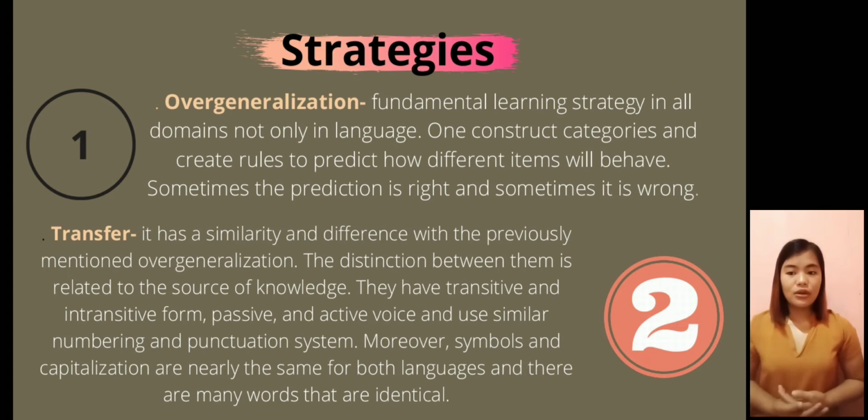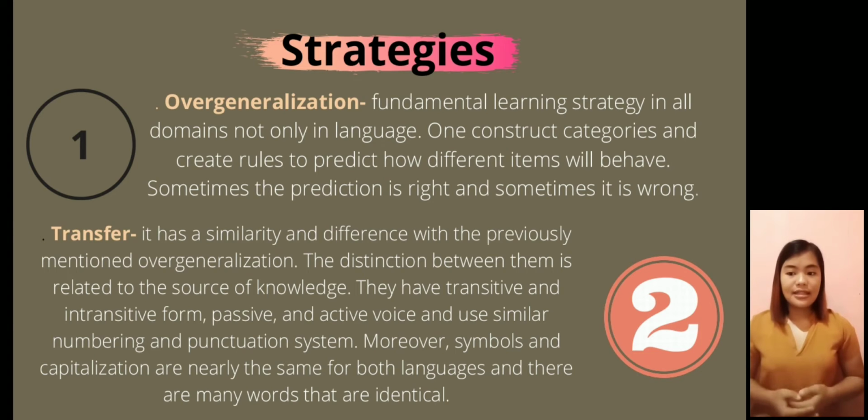Littlewood 1984 observes overgeneralization as a fundamental learning strategy in all domains, not only in language. In generalization, one constructs categories and creates rules to predict how different items will behave. Sometimes the prediction is right and sometimes it is wrong.